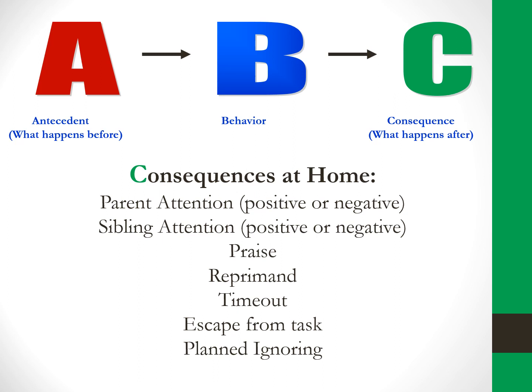You did a great job doing that without my help. On the flip side of that, a reprimand could be a consequence, right? So you played with the toothpaste. I don't like that. You're going to need to go to your room, or you're going to need to clean up that toothpaste. Timeout could be potentially a consequence.